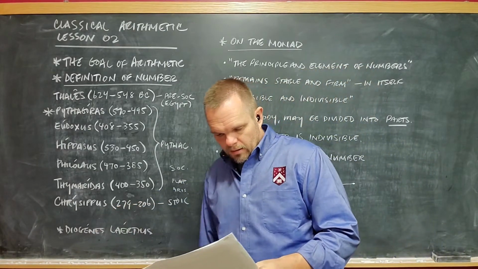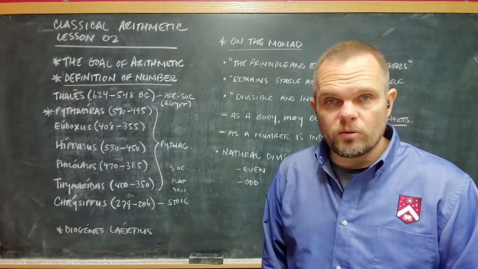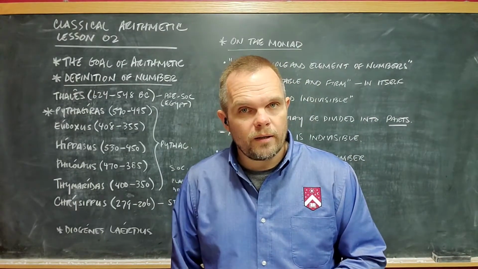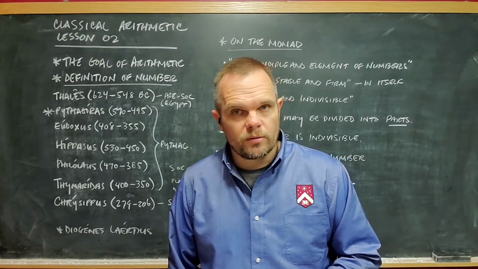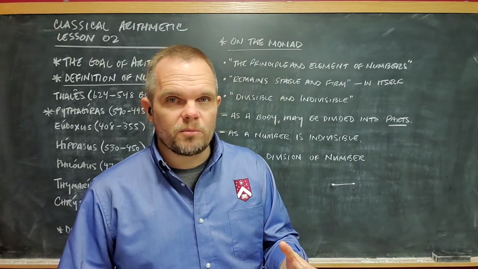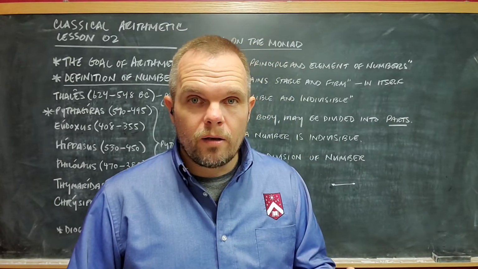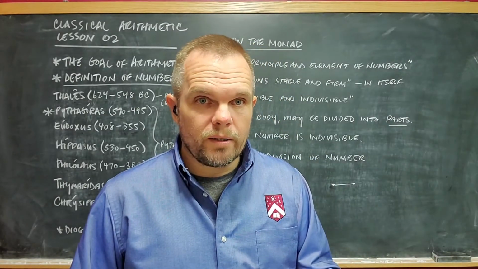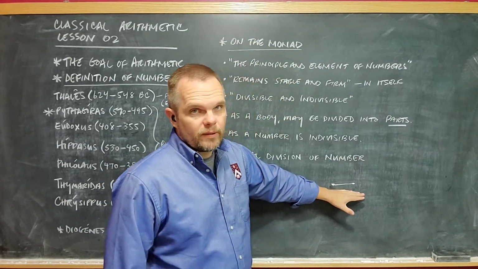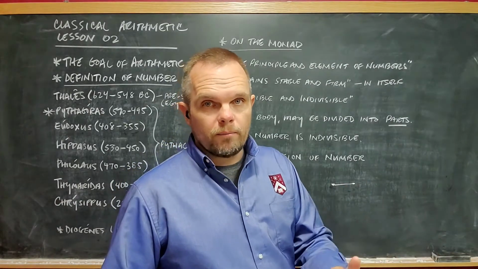The followers of Chrysophus assert confusedly that the monad is one multitude. Now, he says confusedly because it seems that things are mixed together. How can there be one multitude? One multitude.